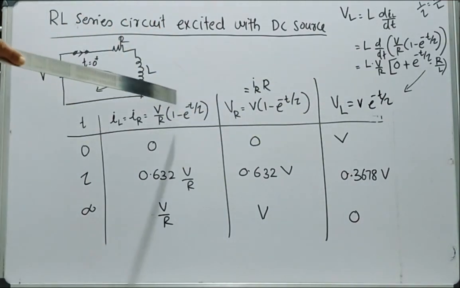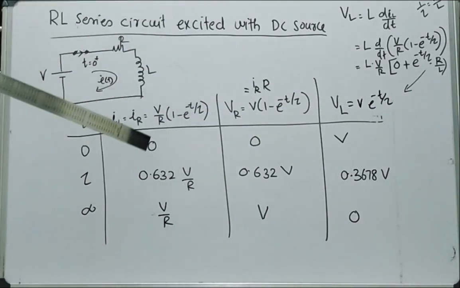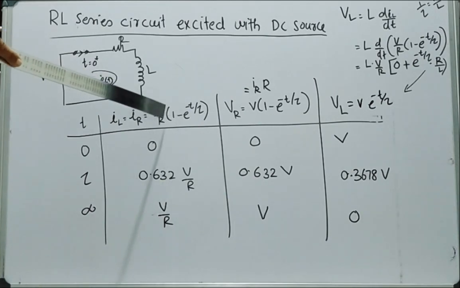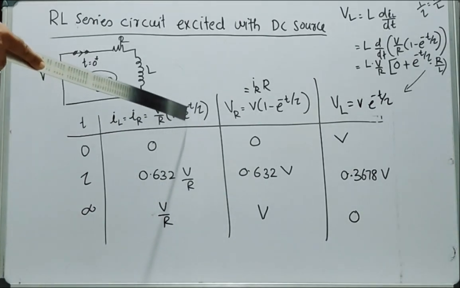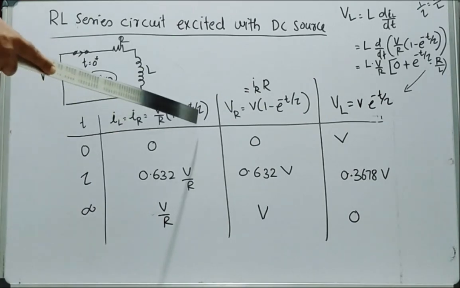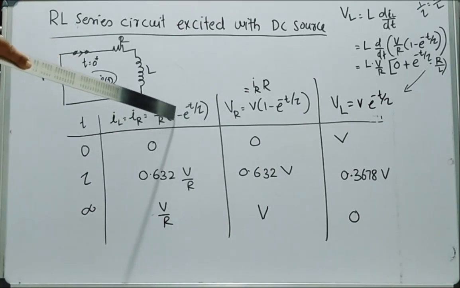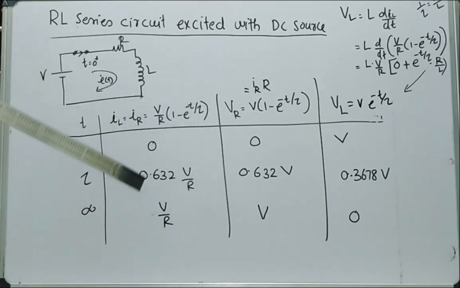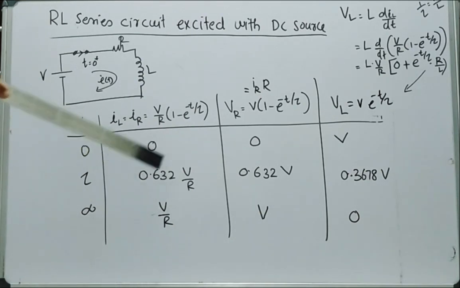So corresponding to t is equal to tau, here the equation becomes V by R into 1 minus e raised to minus 1. Solving this part, 1 minus e raised to minus 1 becomes 0.632.